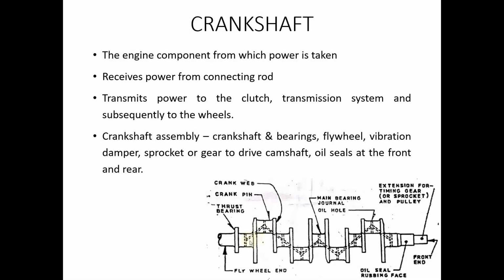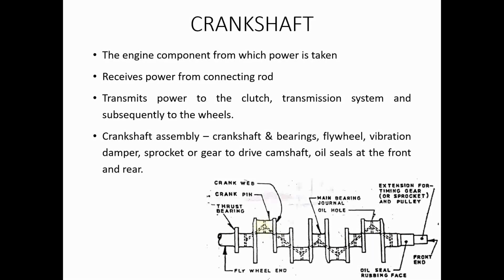When the crankshaft rotates, due to centrifugal force, the oil is transferred through the holes drilled in the crank web part, and it flows to the other parts of the crankshaft. That is how we ensure that the crankshaft is fully lubricated while it is rotating.